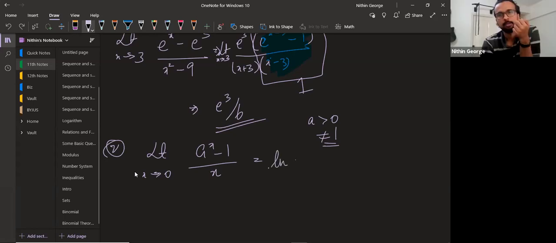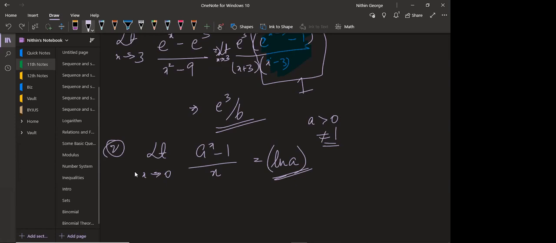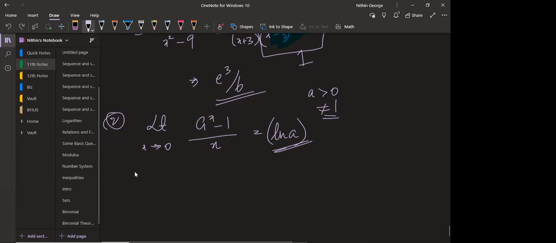So this becomes ln a. Log a, yeah, exactly, natural log. We put log to the base e. So I'm just writing it specifically as ln a.